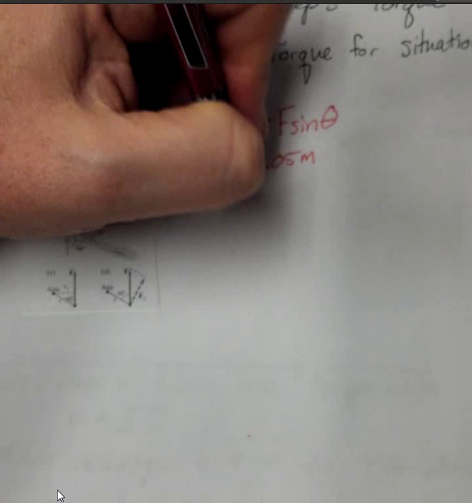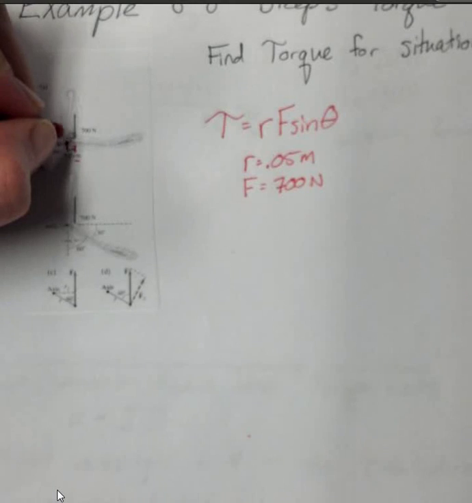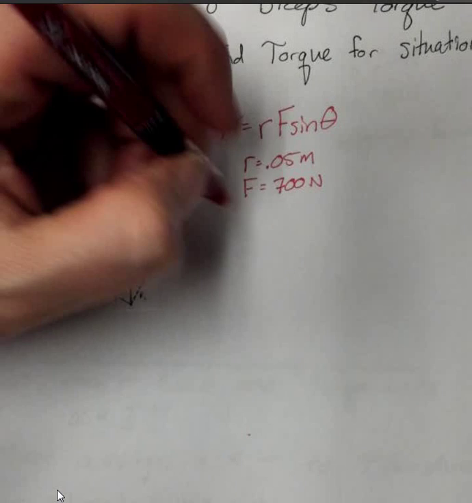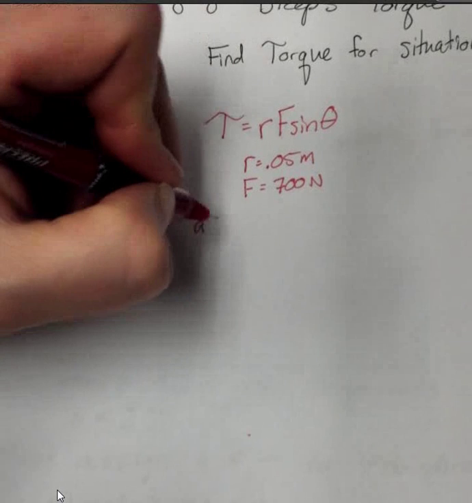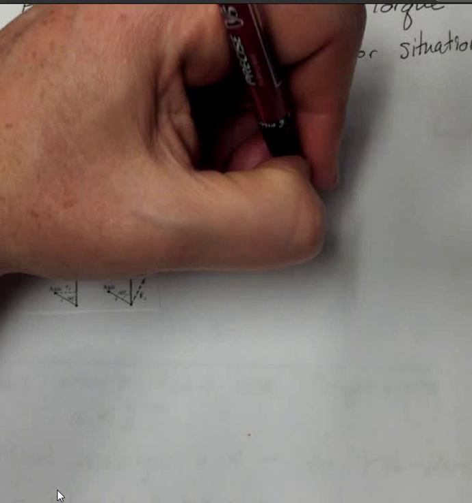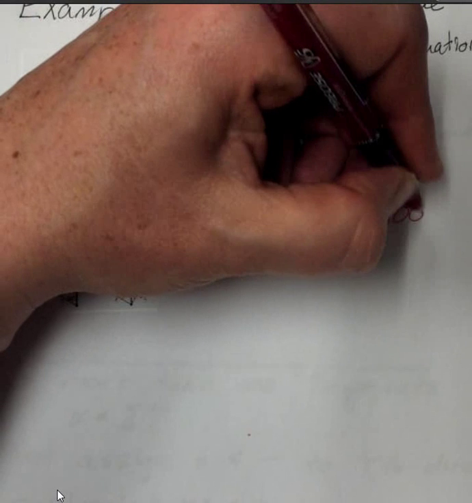And F is going to be equal to 700 newtons, and they are currently at a 90-degree angle to each other.